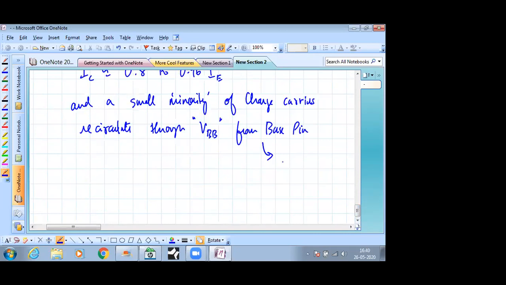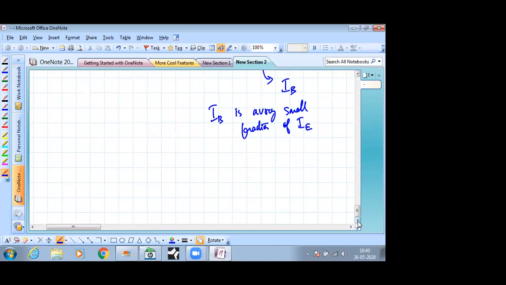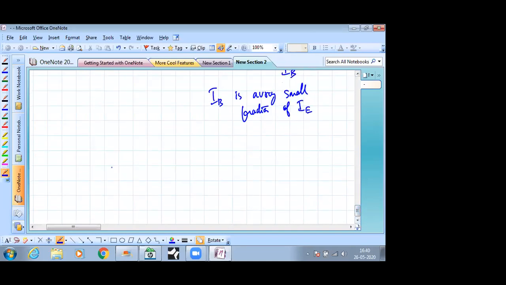Okay. So this flow of charge carriers contributes to what we call the base current, and the base current is a very small fraction of the emitter current. By using conservation of charge, we see that the emitter current is actually the sum of the base current plus the collector current.